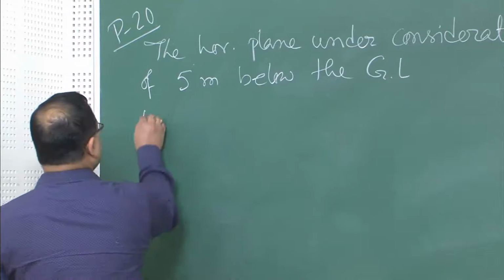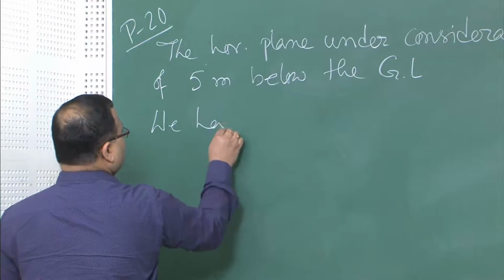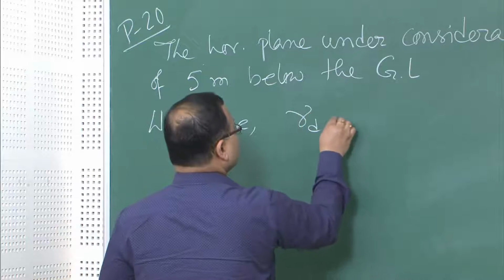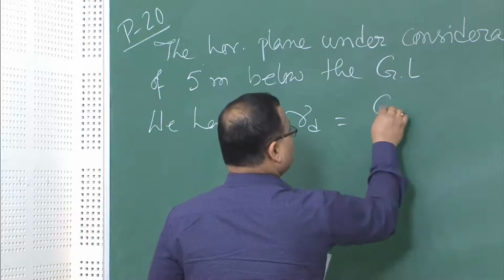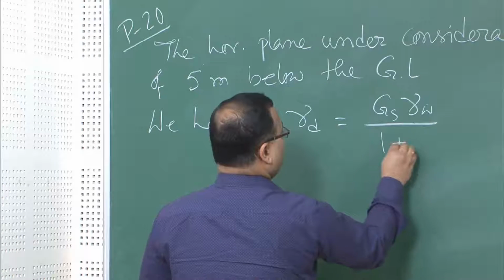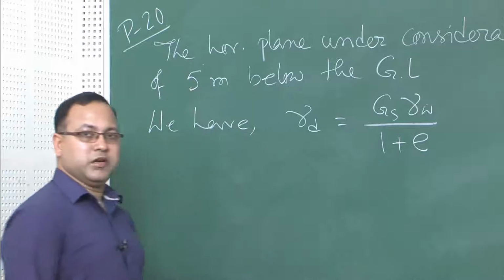Now, we know from our earlier discussion that gamma d is equal to Gs gamma w divided by 1 plus e, where e is the void ratio.